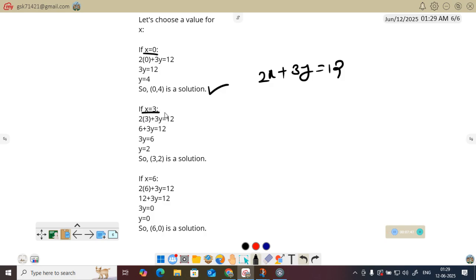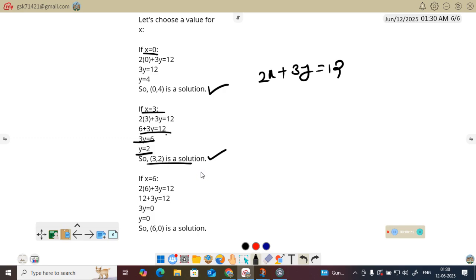Put this value in the equation 2x plus 3y equal to 12, and we get 6 plus 3y equal to 12, 3y equal to 6 and y equal to 2. So x equal to 3 and y equal to 2 is also a solution of the given equation.